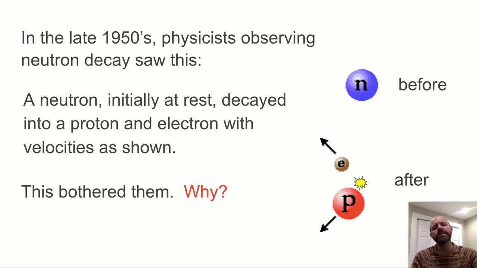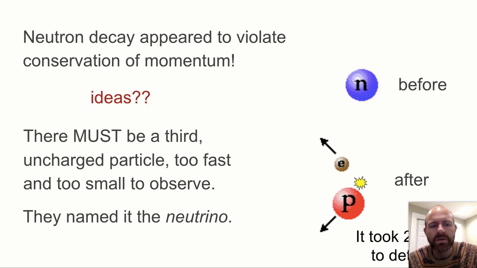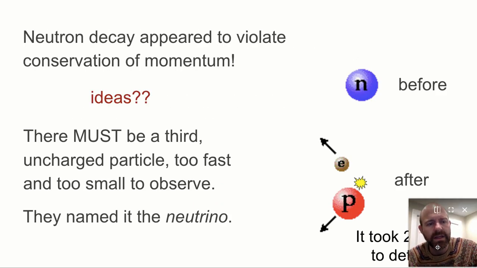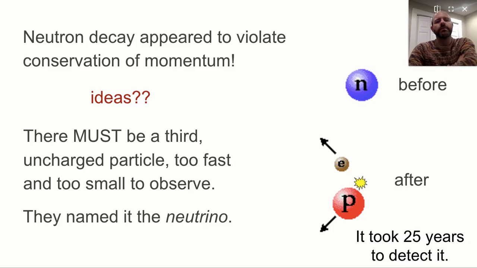This is kind of a little history of how the full understanding of momentum has developed. We understood something about momentum before, but when looking at nuclear physics, neutron decay, they saw weird things happening. And the reason it bothered them was that we had this idea from Newton that momentum should be conserved.